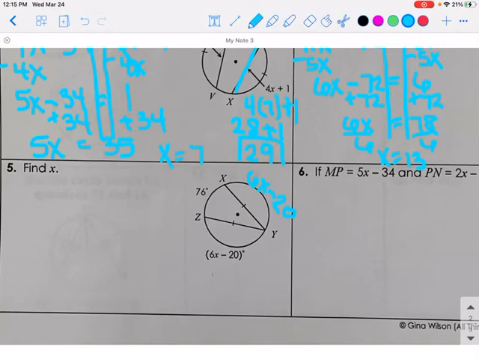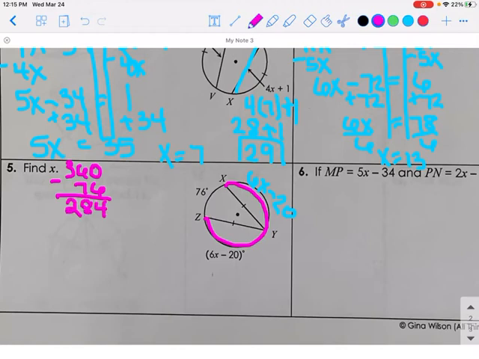And this part of the circle is 76. But that part of the circle has nothing to do with everything that's been labeled. We want to know this part of the circle since that's where all my labels are. So 360 minus 76 should get me 284.